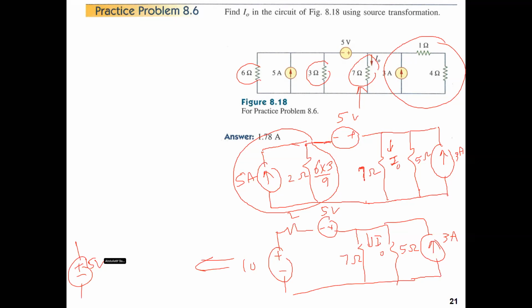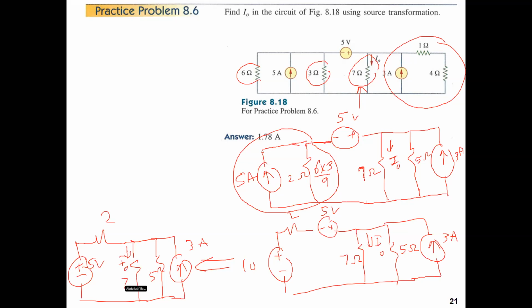Then we have resistance 2. Then we keep the rest of the circuit as before. Here's the 3 amps, here's the 5, here is the I0, and here's the 7 ohm.